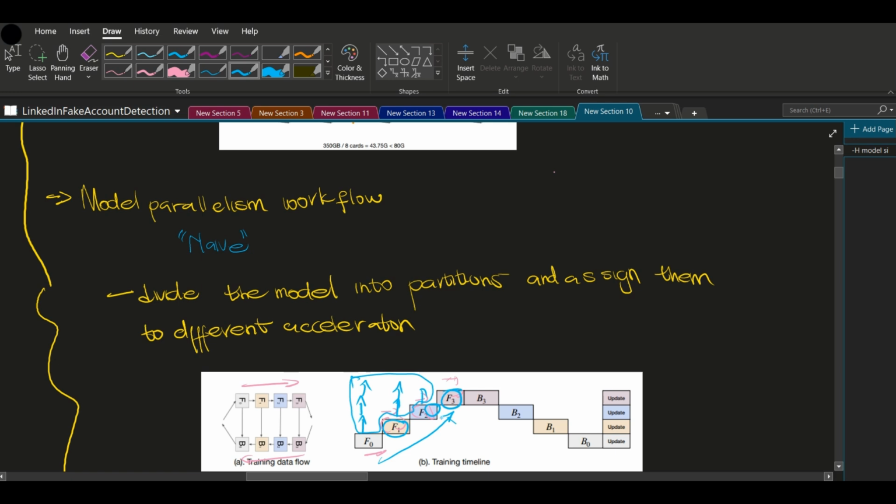It's still distributed training whereby the model can now fit in the server, but it's going to take time because we are underutilizing the resources. So this is what we call naive model parallelism, right? Whereby we divide the model into partitions and assign them to different accelerators.